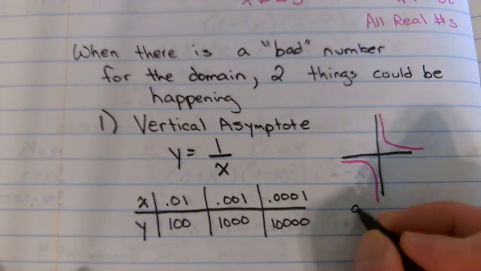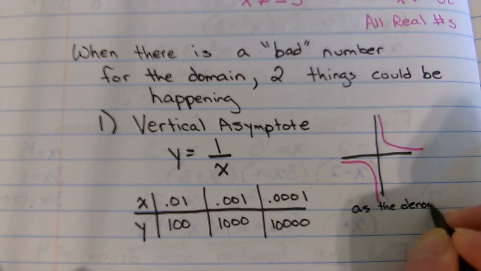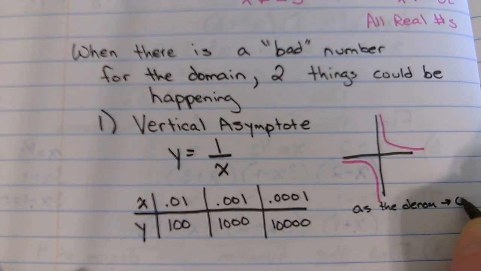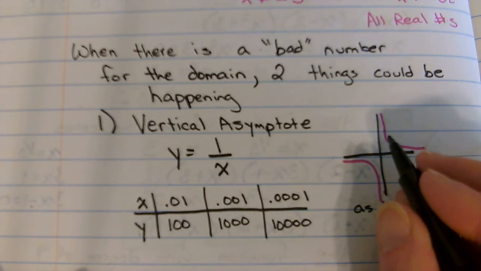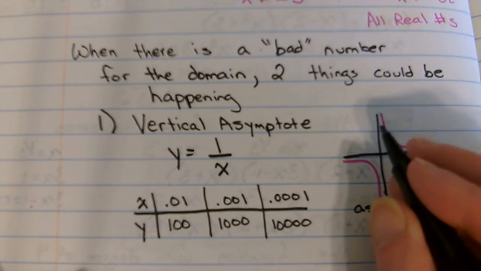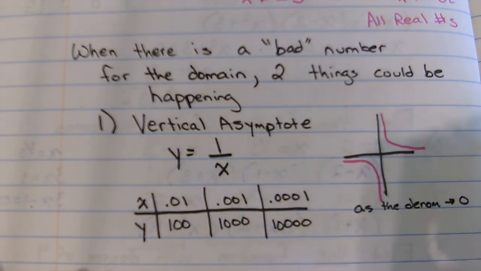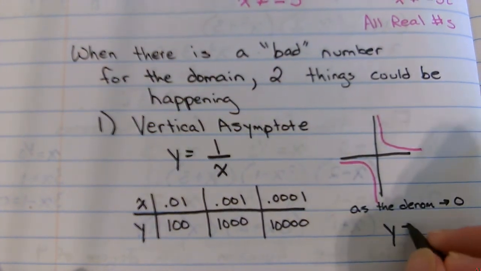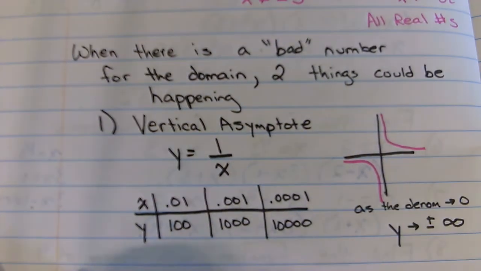So as the denominator gets closer and closer to 0, as those numbers get smaller and smaller and smaller, the y values get bigger and bigger and bigger. So from this side they're approaching positive infinity, and from this side they're approaching negative infinity. So the y's approach either positive or negative infinity.